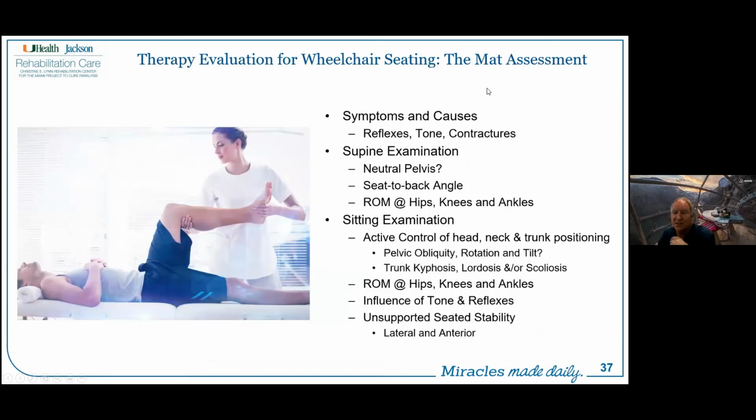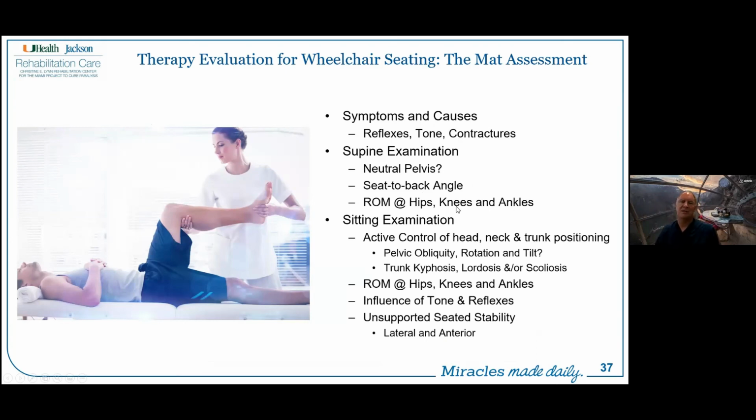The therapists are going to be using your review of systems and physical examination to move forward with the following. They're going to be reporting out and assessing on a mat the person's symptoms and causes, for example, with regard to reflexes and spasticity, tone and contractures. They want to know the conformation of the pelvis. Is it neutral? Do they have problems that they're going to have to adjust?